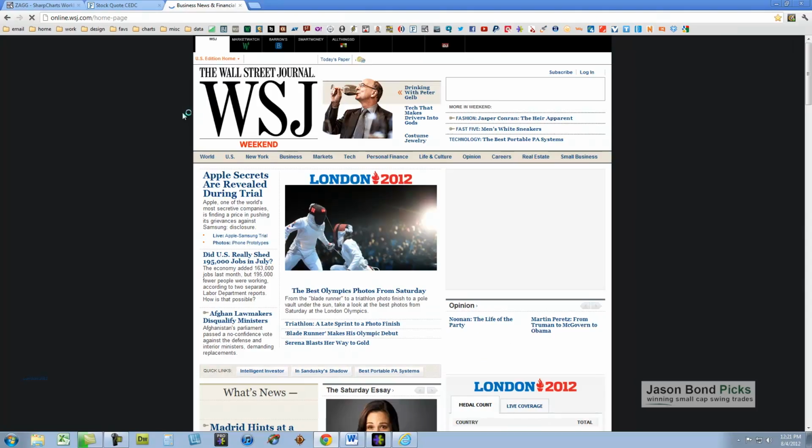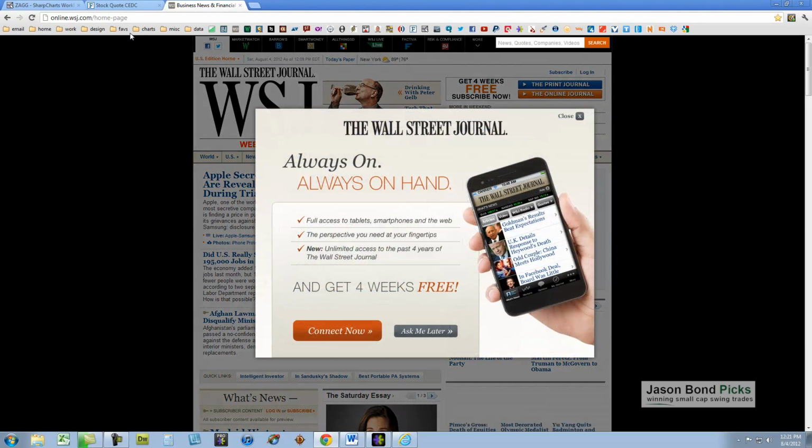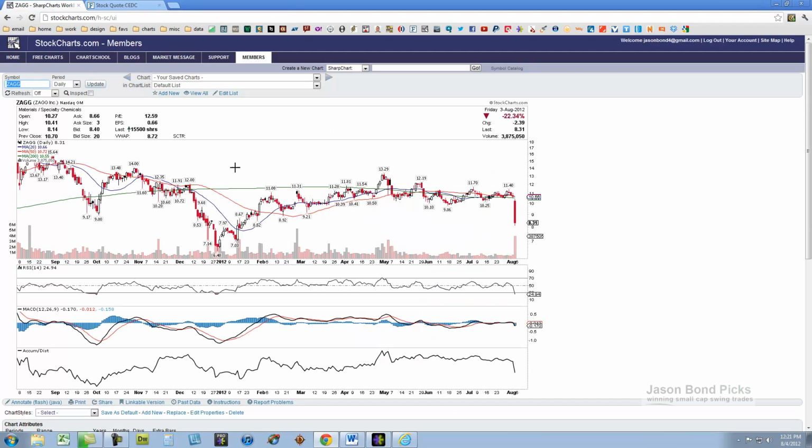Simply jump on the Wall Street Journal, you log in, and you read through the headlines. That would be the slow way of doing it. The fast way of doing it would be to scan. I'm going to show you very clearly how I scan two different services for the stocks that could go into my master watch list, or just for additional ideas.